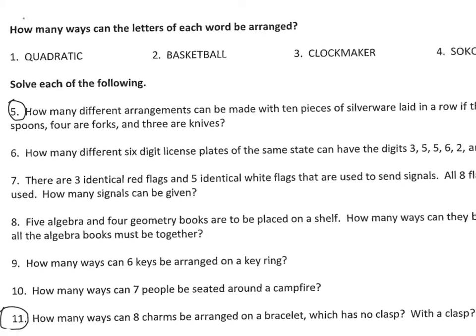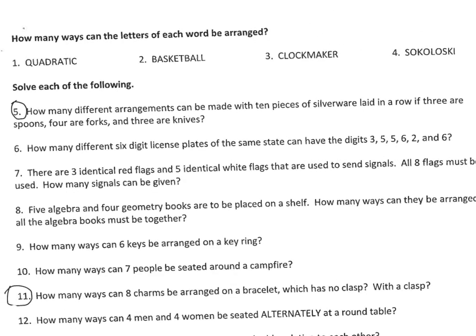So first off, we're going to count up how many objects we have because we're selecting all of them. We're picking all of them, which means permutation. We have 10 pieces altogether. So if we select all 10 of them, it would be 10 factorial, which is the same as 10 pick 10. And then we're going to divide it by the factorial of the numbers of forks, spoons, and knives.